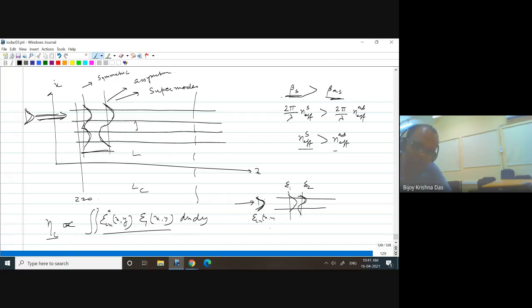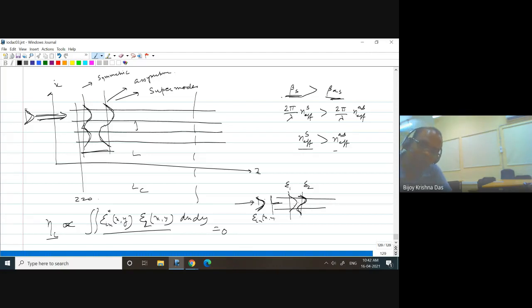you'll get some value eta_c. But if instead of E1 you try E2, the first half is positive and the second half is negative field. So if you integrate symmetrically from the center, one side gives a positive value and the other side gives a negative value, so the total integration will be 0.